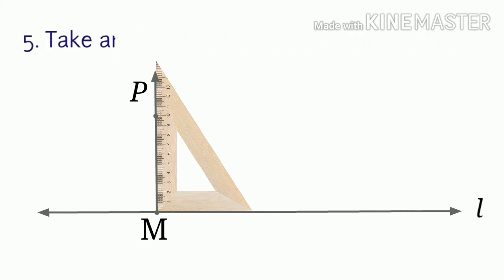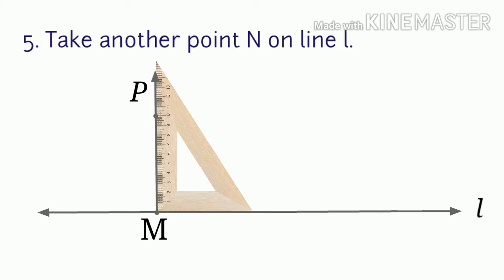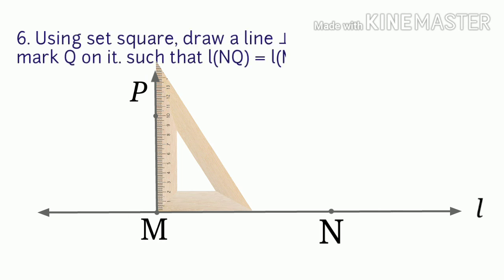Next step. Take another point N on line L. So we have to take point N on line L. Next step. Using the set square, draw a line perpendicular to line L and passing through point N. Mark Q on it such that the length of NQ is equal to the length of MP.